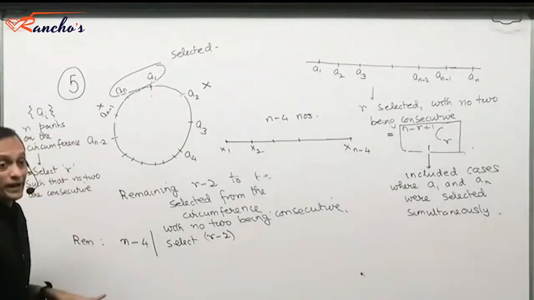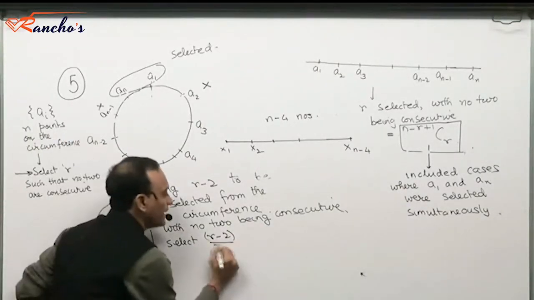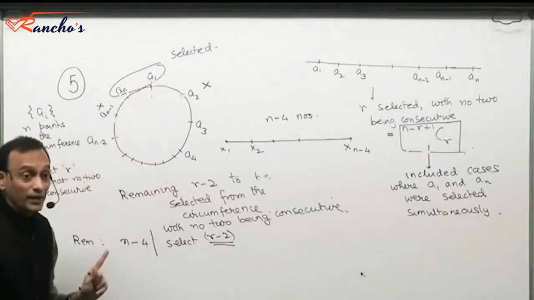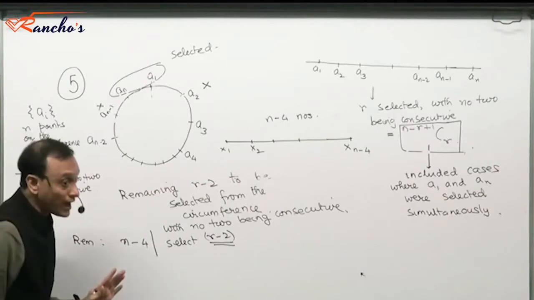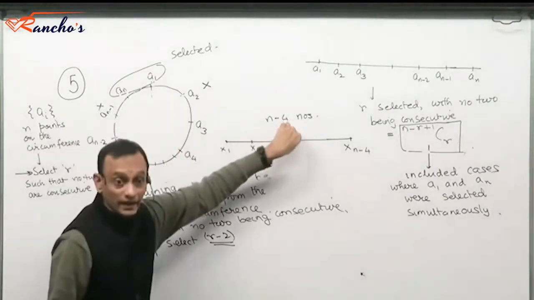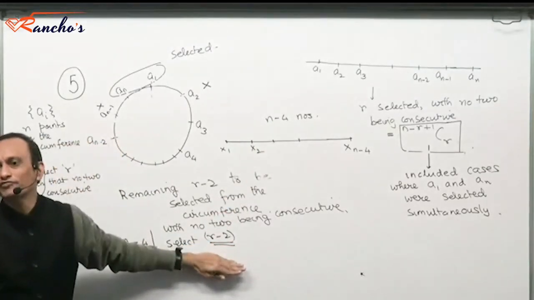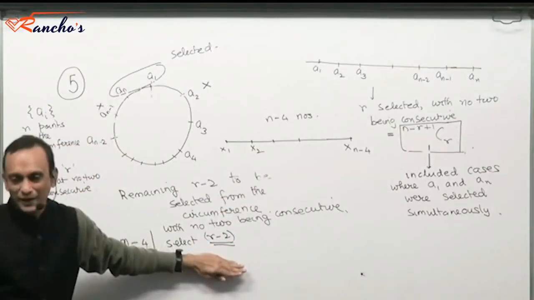And I have to select how many? I have to select r minus 2, because I have already selected a1 and an. So I have to select r minus 2 from n minus 4, given that no 2 should be consecutive from the remaining r minus 2 selected.